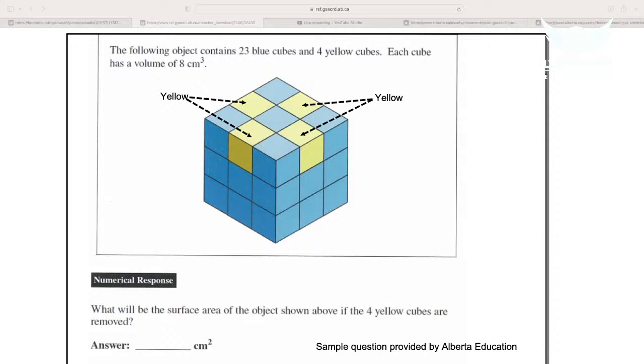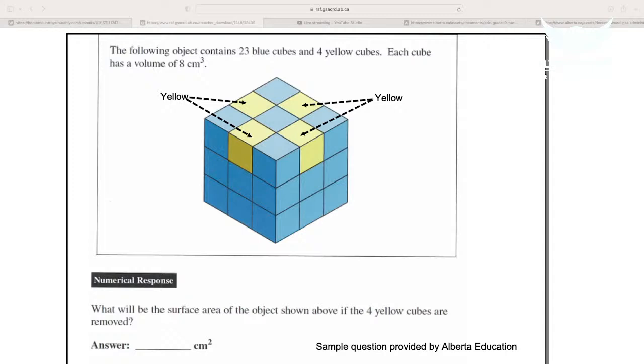So we remove 2 and add 4 for each cube, and because we have 4 of them, we remove 8 faces and add back 16.